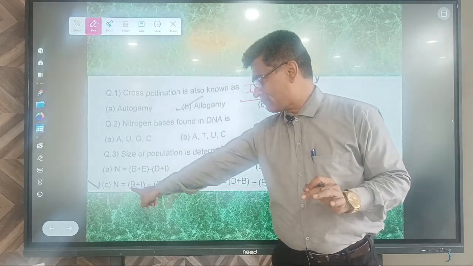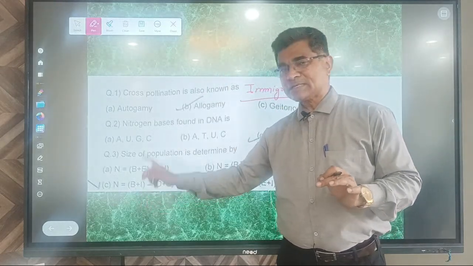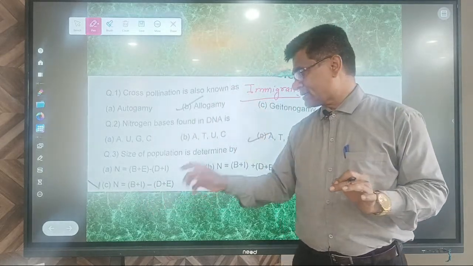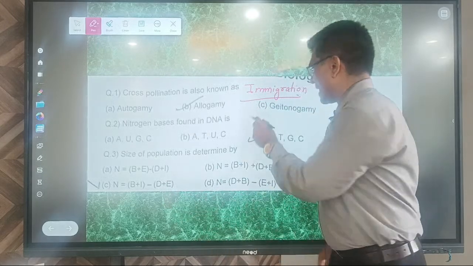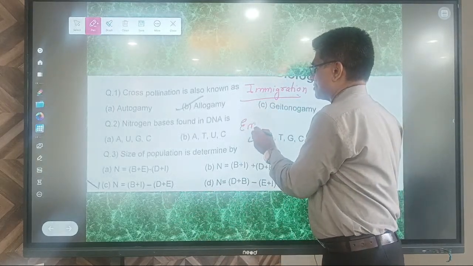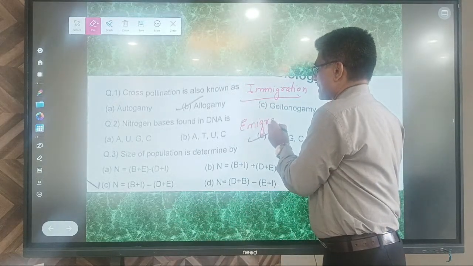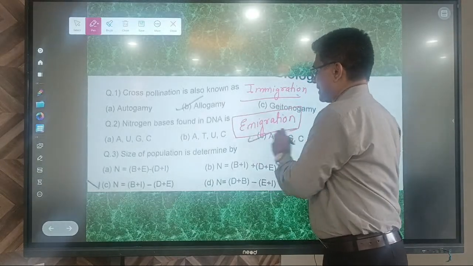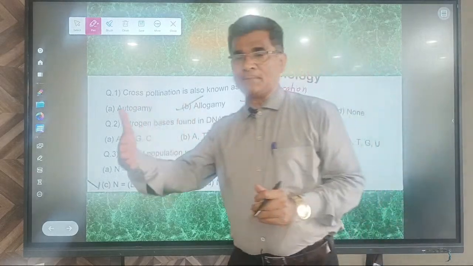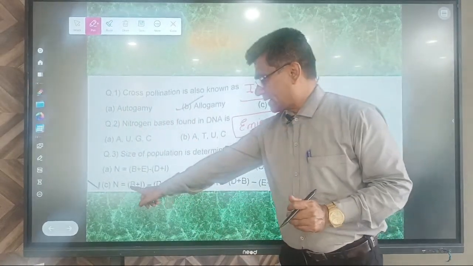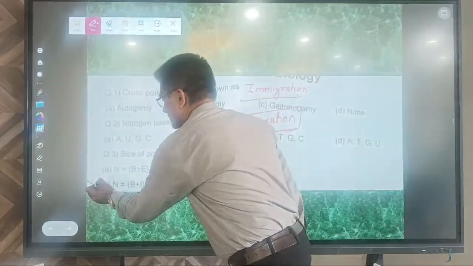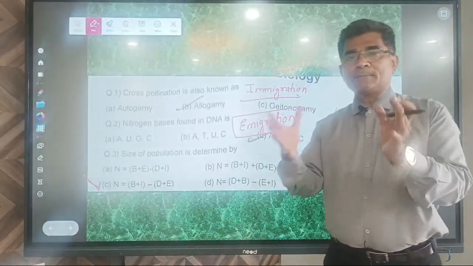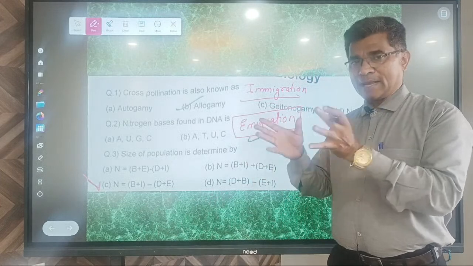That is on one side, and we subtract the number of deaths, mortalities, and emigration. Emigration means how many members of the population left the area of Ahmednagar. So the correct answer is C, and this is the right formula. So we can determine the population of a particular area.